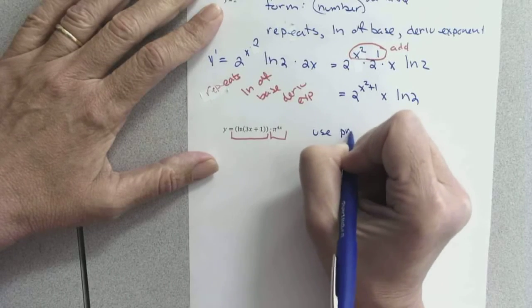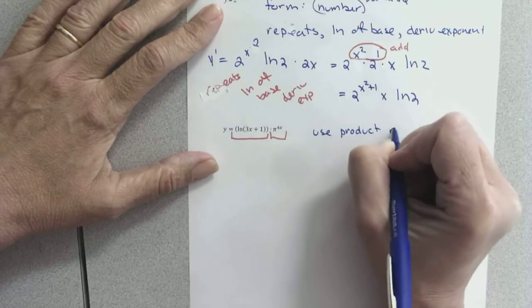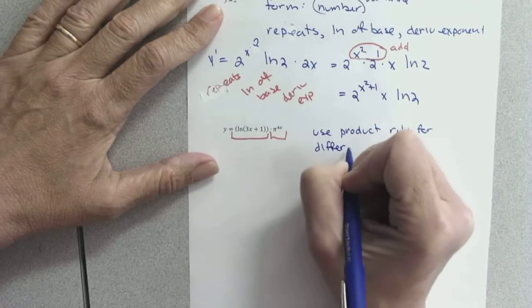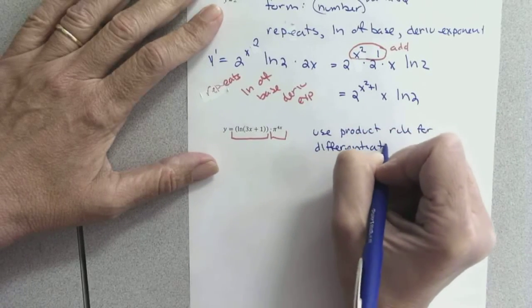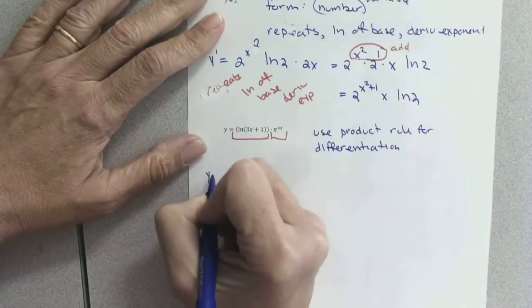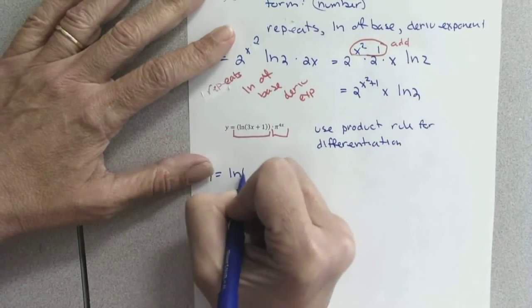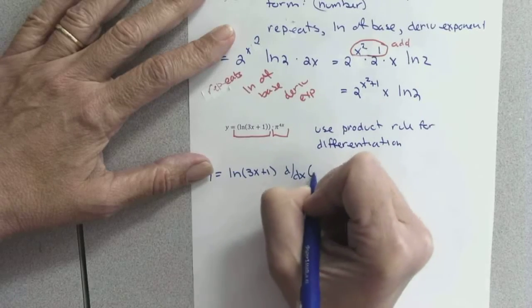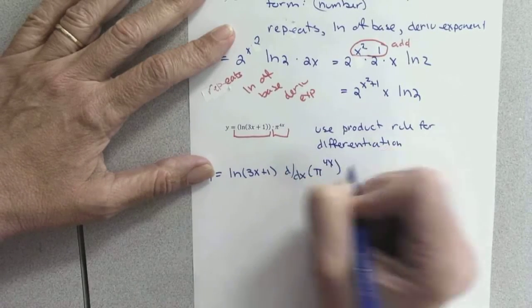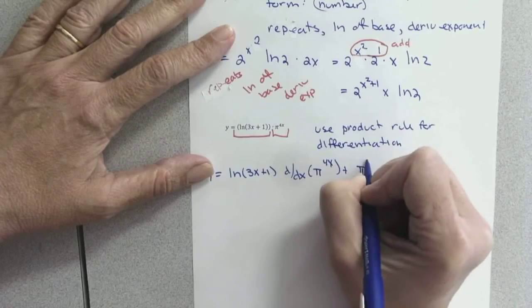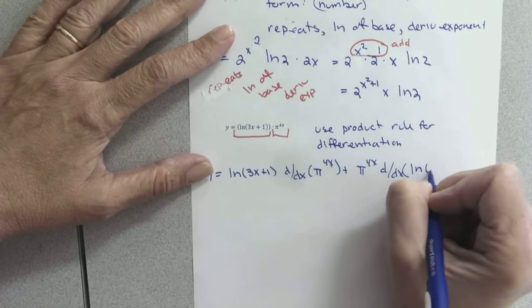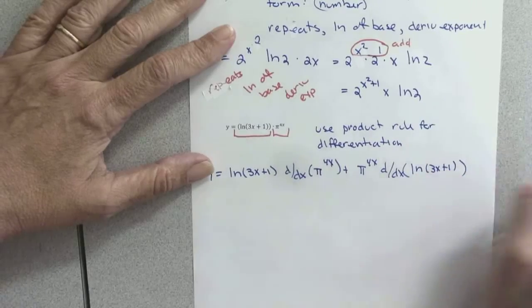So use the product rule for differentiation. So plane first, derivative of the second, plus plane second, derivative of the first.